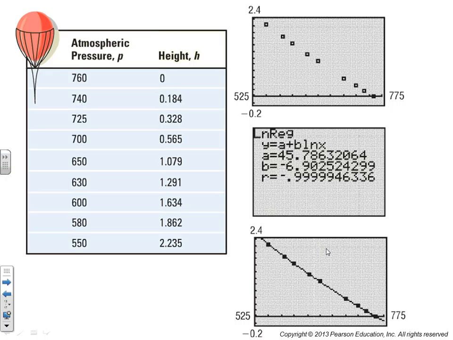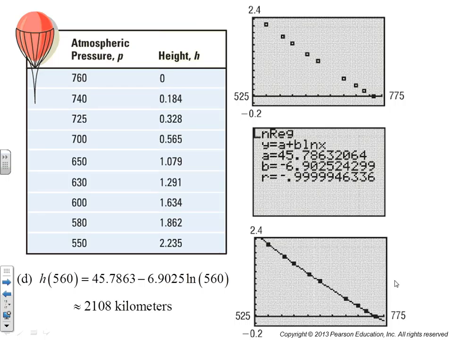We put this equation into our graphing utility and put it on the same graph as our scatter plot. And then we use that equation to find the height at 560 atmospheric pressure. Calculator chug. 2,108 kilometers.